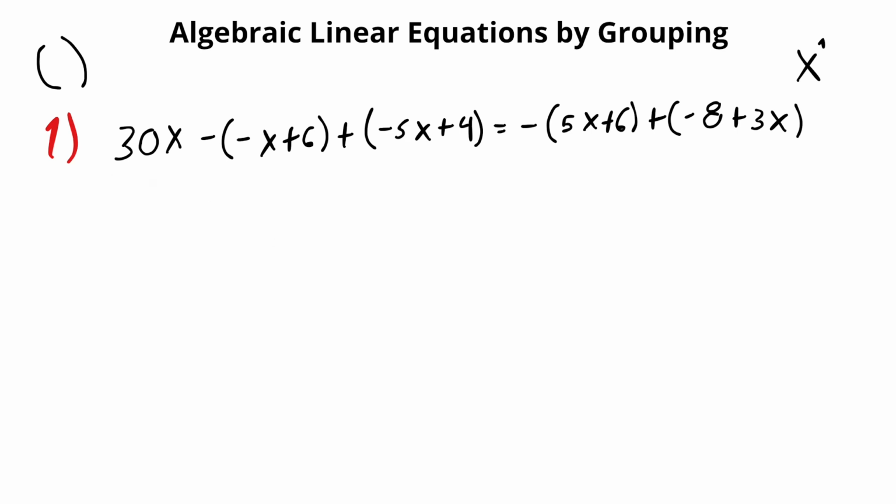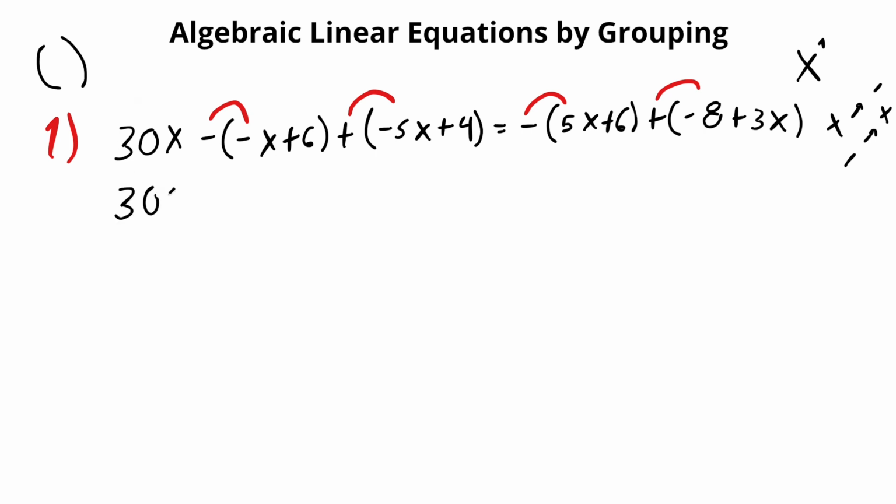Well, apply the distributive property of signs in the first parenthesis, in the second parenthesis, in the third, and in the fourth. When we apply the minus, we know that the positive will be converted to negative, and the negative will be converted to positive. When we apply the positive, the negative stays negative, and the positive stays positive.